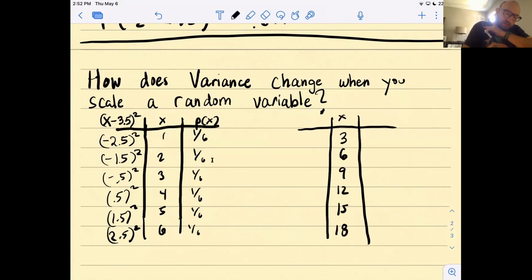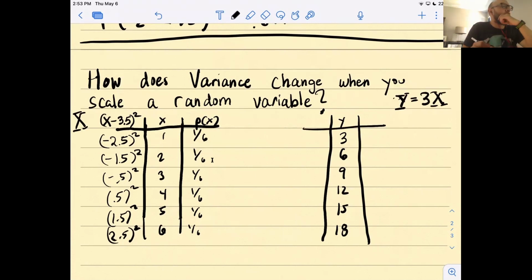This is the distribution for x, and let's say I'm going to call this now a new random variable. Let's call it y. Capital Y is just 3 times the original x. The probability of it doesn't change. If it's still a dice, everything is still 1/6, 1/6, over and over.